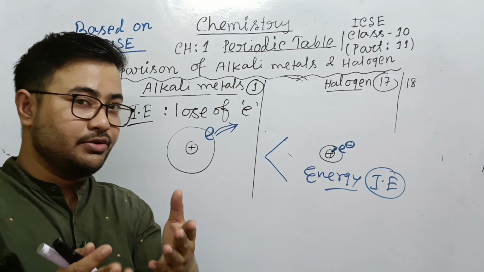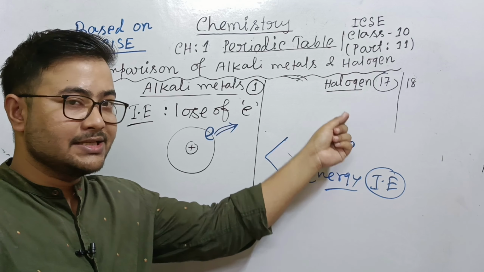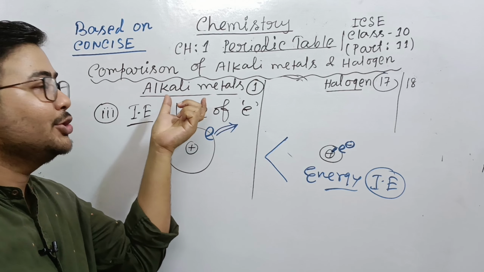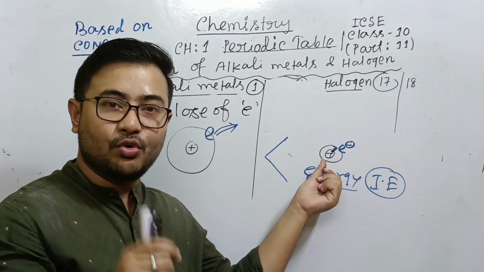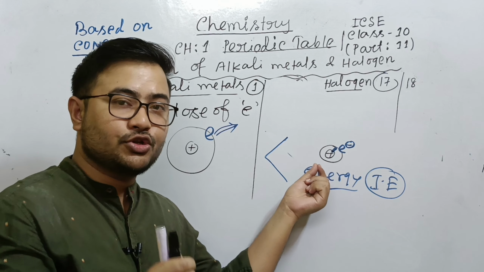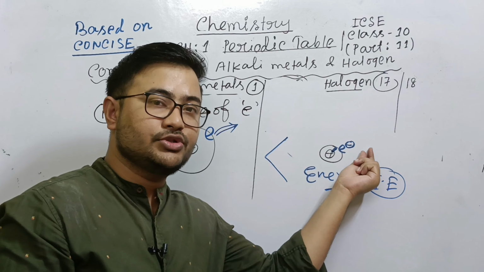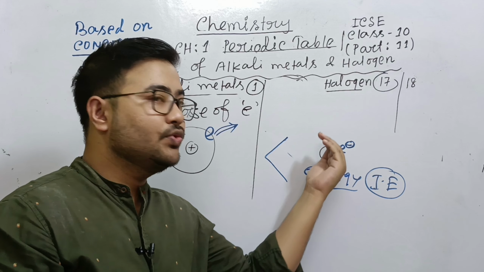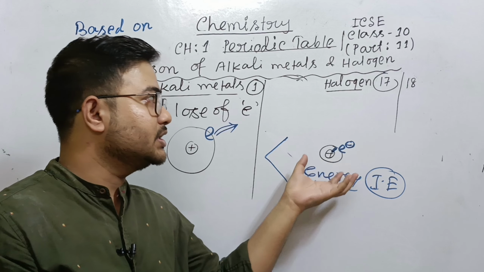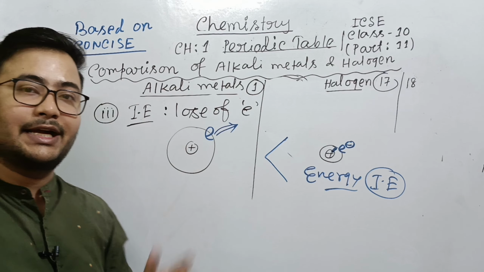Since the radius of halogens is less compared to alkali metals, in halogen there is more nuclear attraction by the nucleus towards the outermost electron, so more energy is required to remove an electron. So the ionization energy of halogens is more than that of alkali metals.